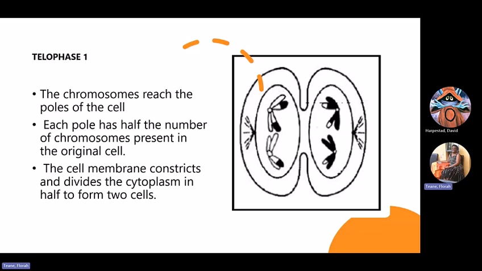When cytoplasm divides, this cell will be divided into two. Remember, it will be two cells that are formed as an end product of the first meiotic division. Have that in mind as we proceed.